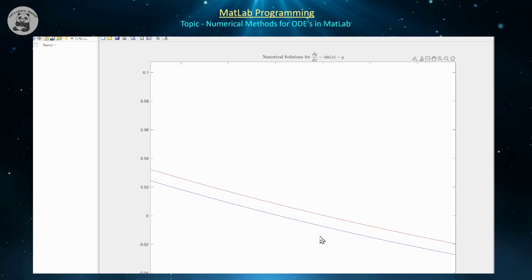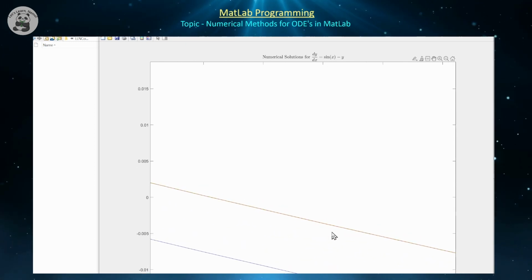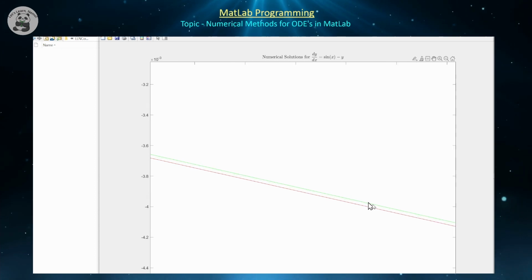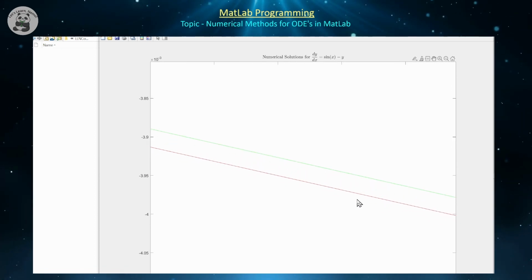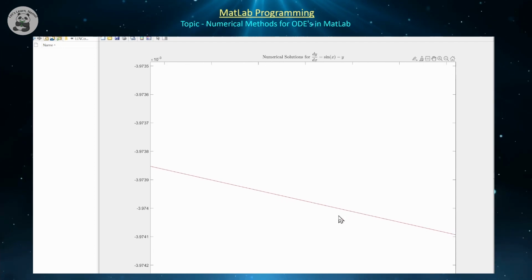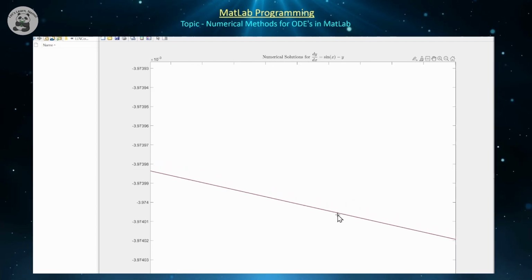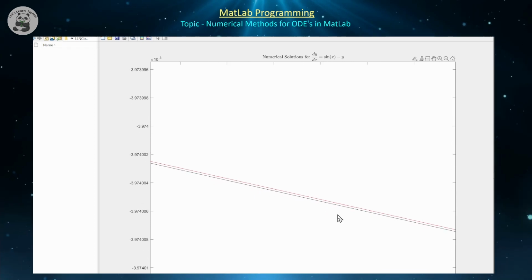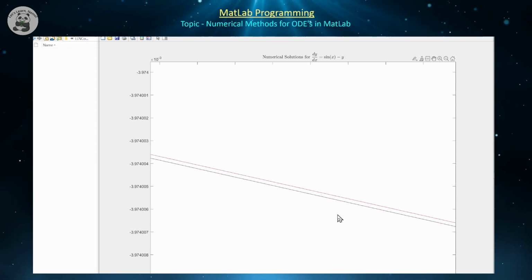So there is our Euler method down there in blue, and then we can zoom in and we can start to see that green is actually very far from red, and if we continue to zoom into the red, where is our exact solution? Now it starts to appear, right? There it is. Isn't that beautiful how accurate the RK4 method is?